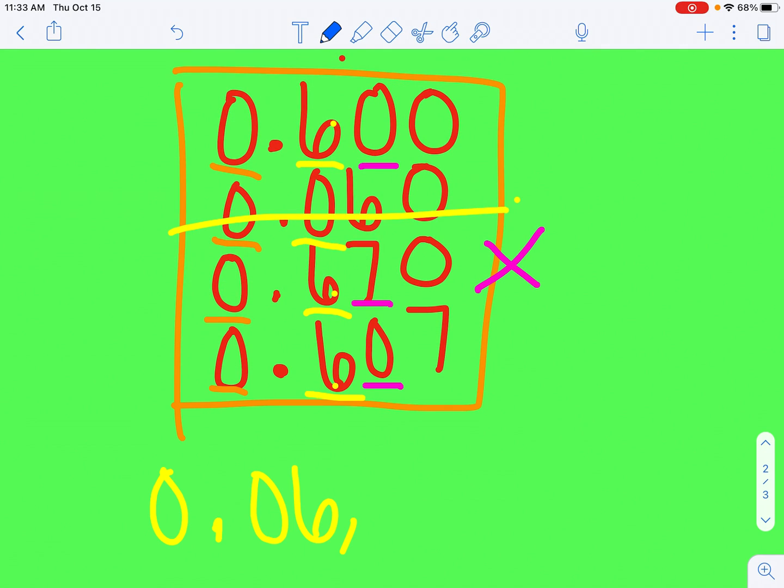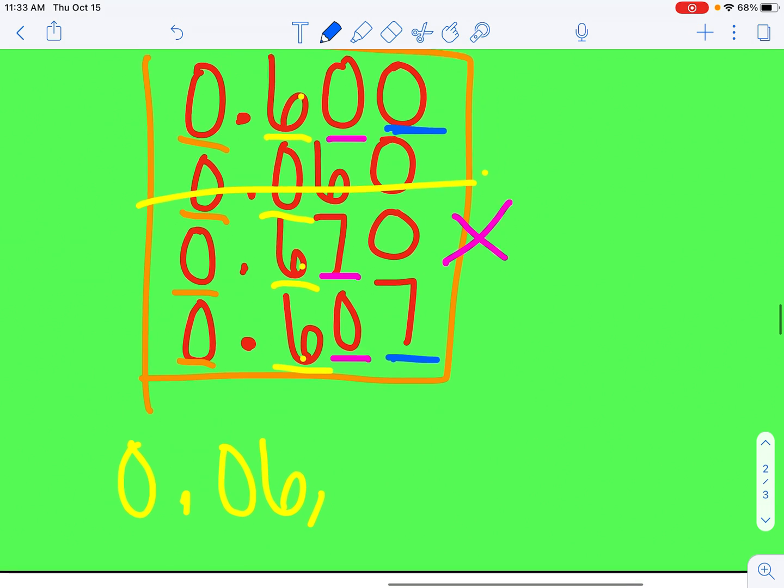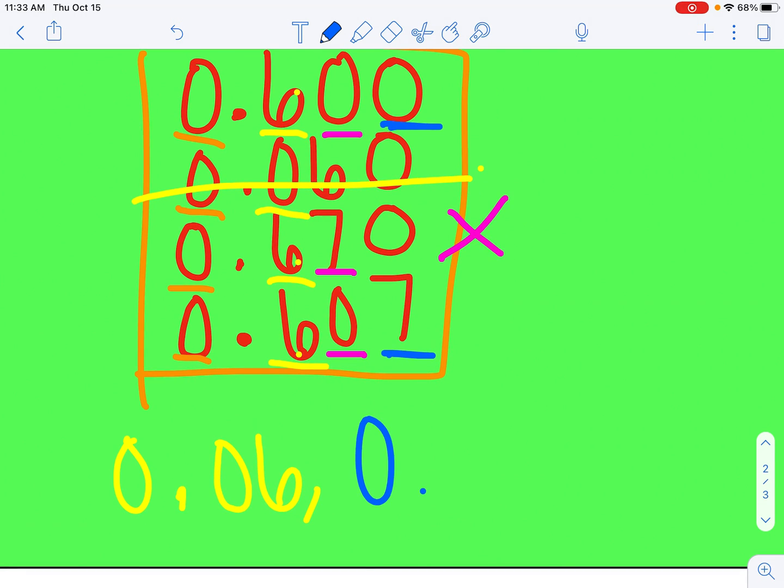Alright, now we look at our thousandths place. I have a 0 and I have a 7. Which number is smaller, the 0 or the 7? Right, the 0 is. So that tells me my next smallest number is 0 and 6 tenths. And I can cross it off.